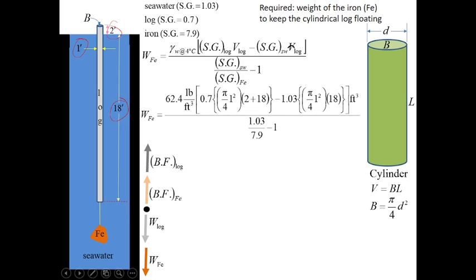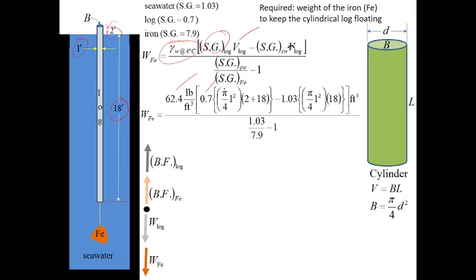And then, we have now this equation. So, weight of the iron, specific weight of iron, 62.4. As a specific weight of water at 4 degrees Celsius, 62.4 pound per cubic foot. Specific gravity of log, 0.7. Volume of log, itong log na yan, pi over 4 d squared.